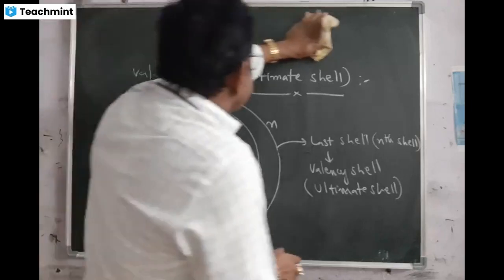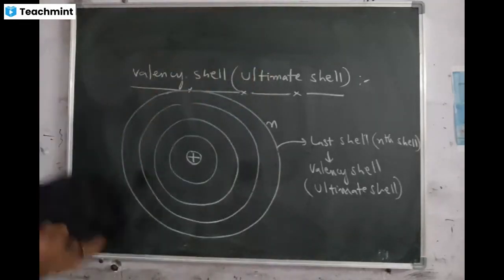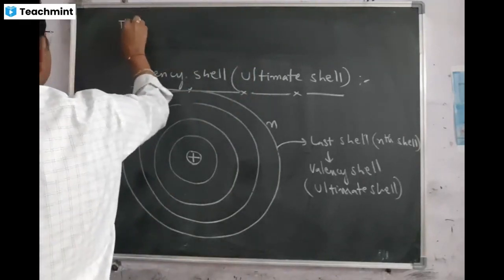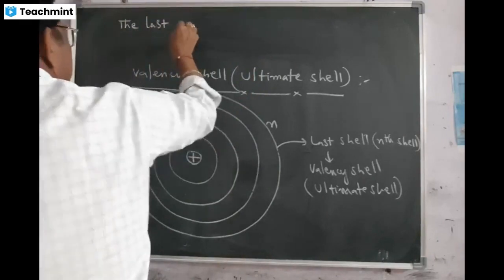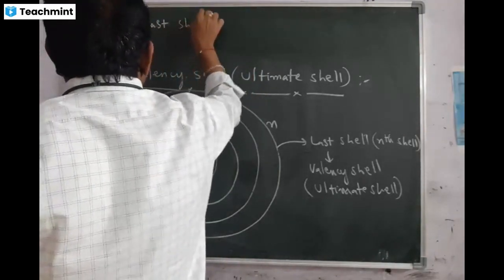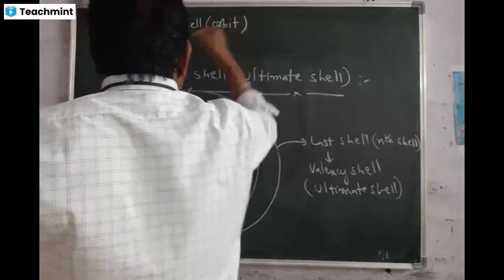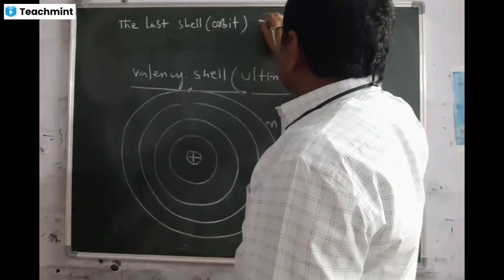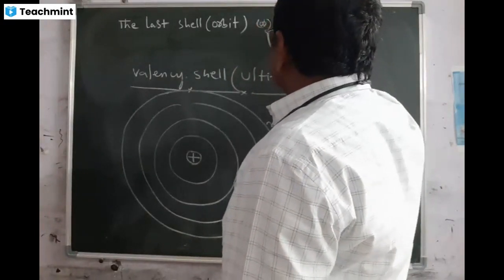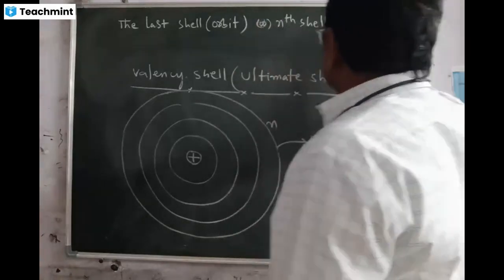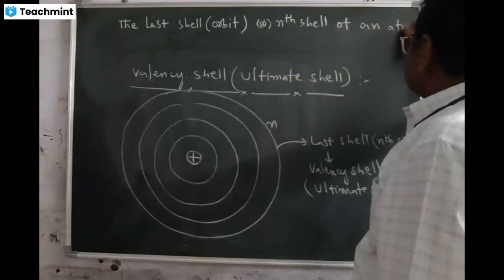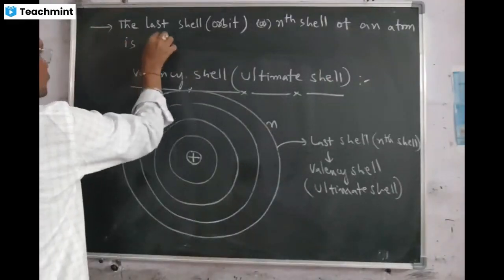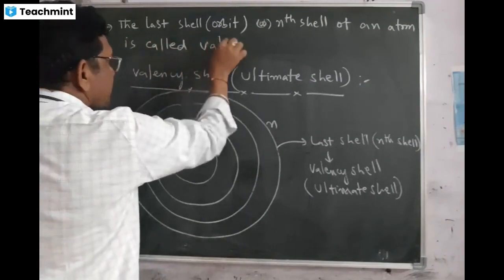I give you the definition for valence cell. After drawing the structure, you can write the definition. The last cell, or nth cell, of an atom is called valence cell.